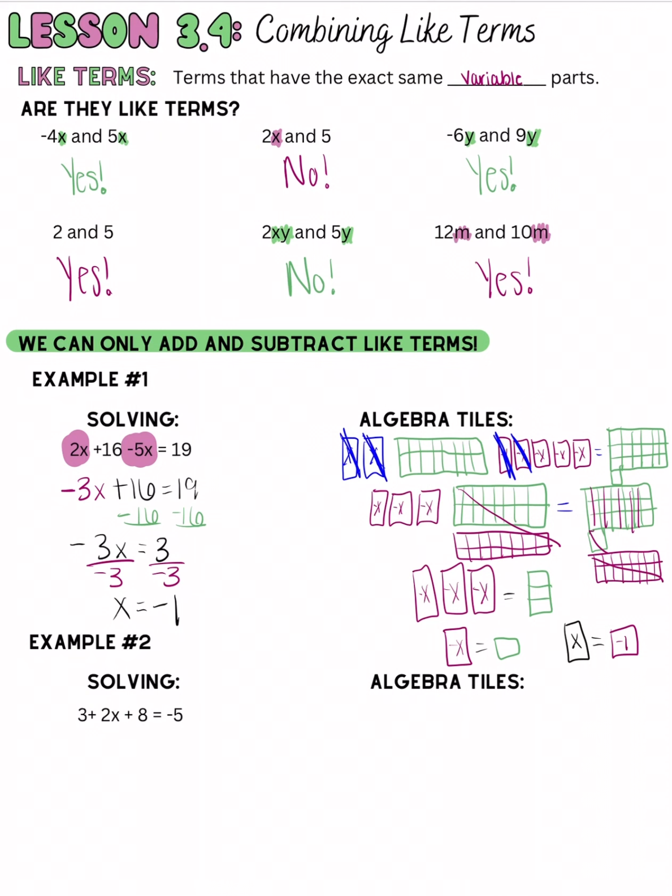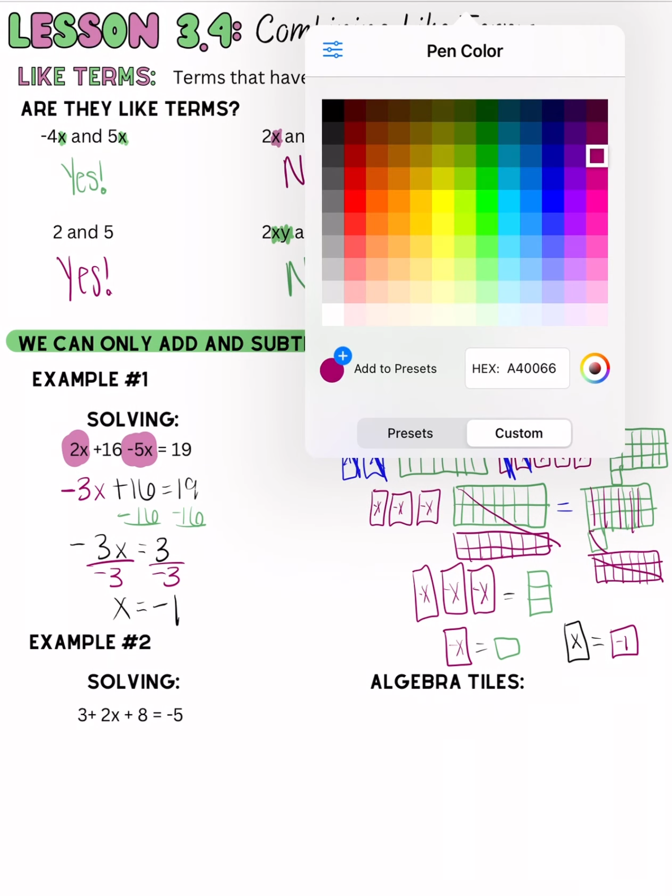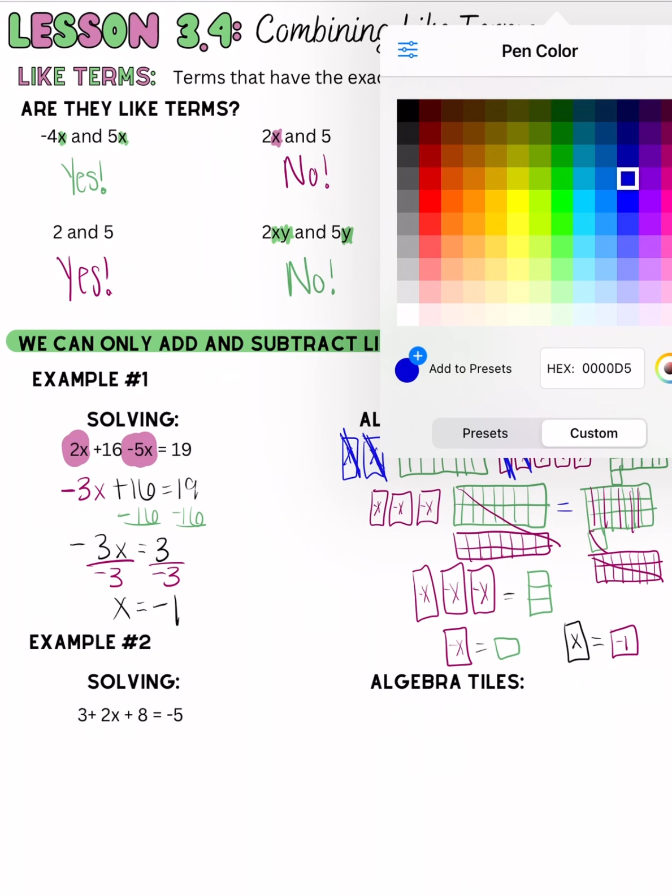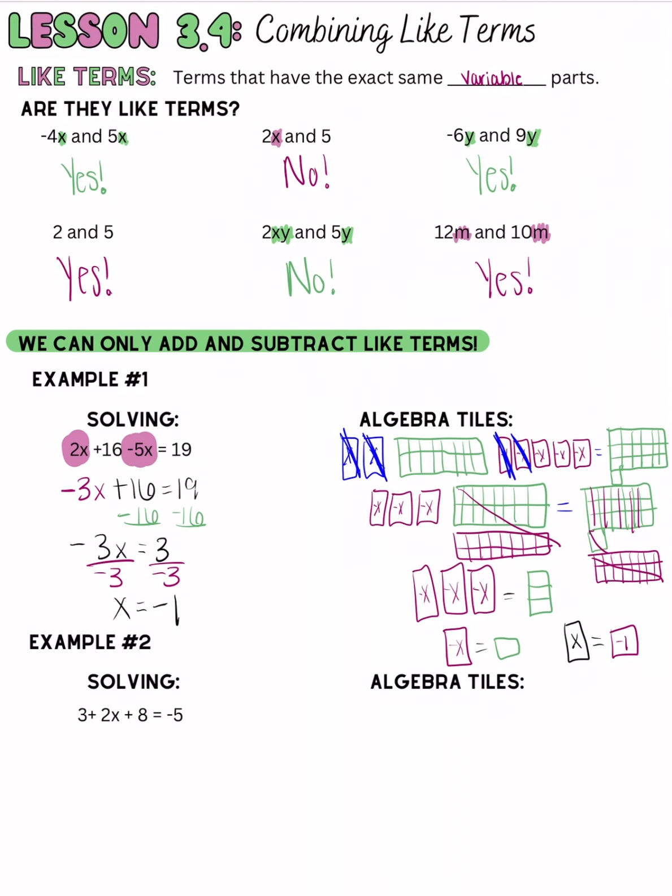Okay, so if I make the algebra tiles for this, hang on, let me get the color I need. Okay, so I have 2x plus 8 plus 3, and it equals negative 5.